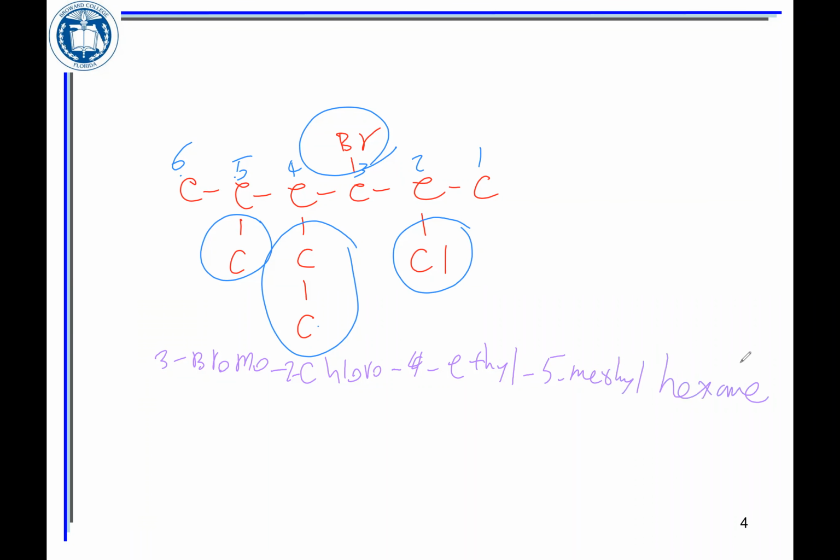Very good. So halogens do not take priority over the other branches. We still follow the same rules that we learned in chapter 3 for this.